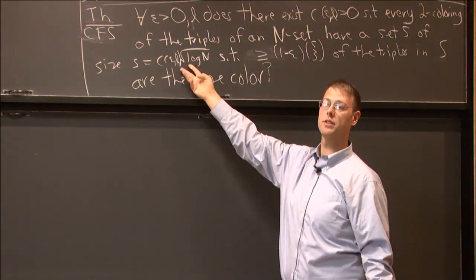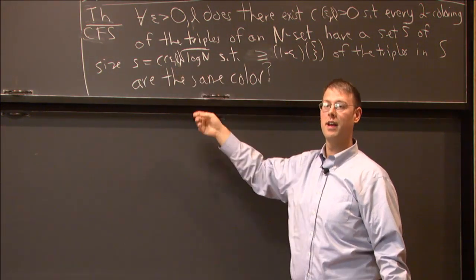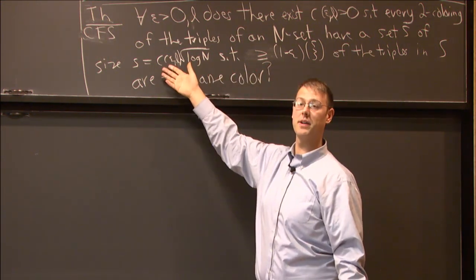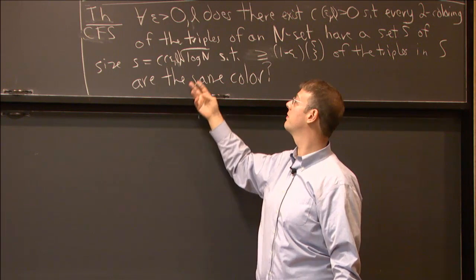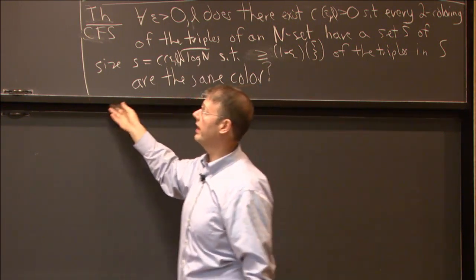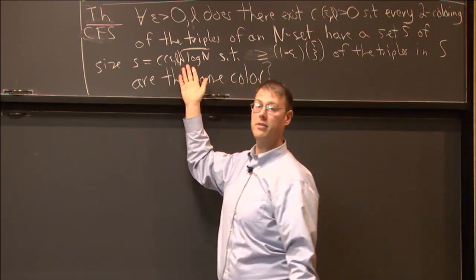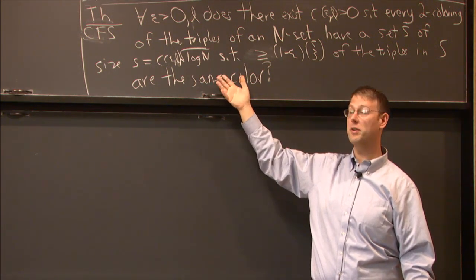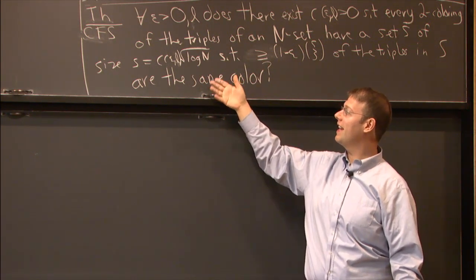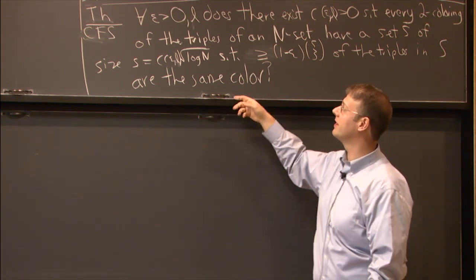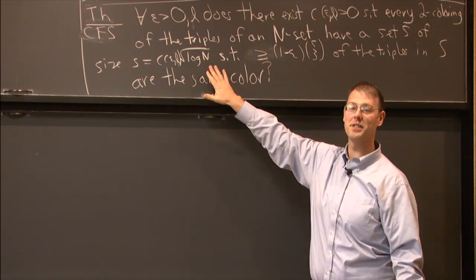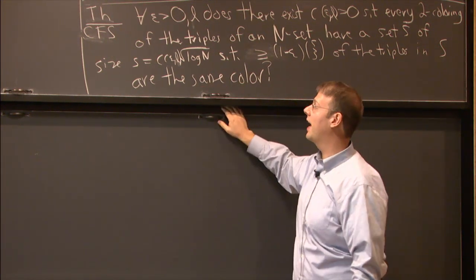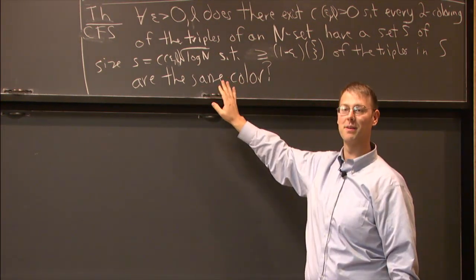So for 4 colors, you get this huge almost monochromatic subset of size on the order of root log n. On the other hand, the largest monochromatic set you can guarantee is only log n. So it shows for 4 colors that the answer to this problem is very different from the question for monochromatic. Even though for graphs they're roughly the same size, for hypergraphs this is a very different problem.